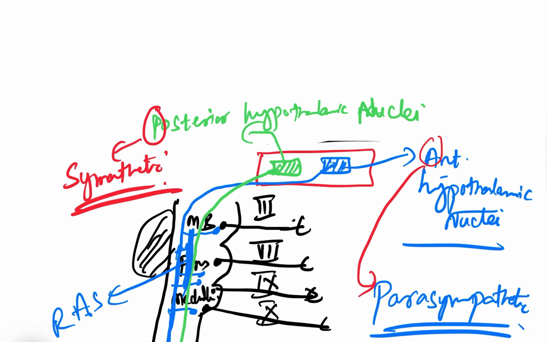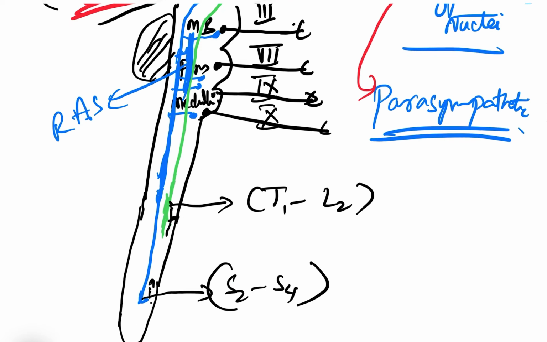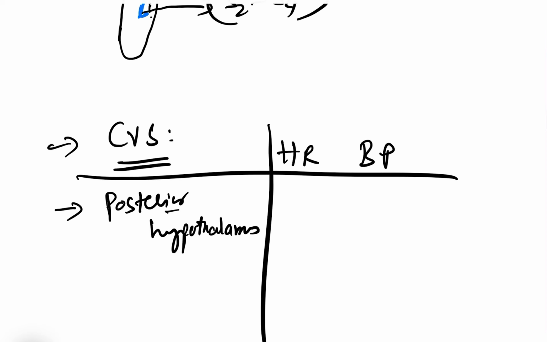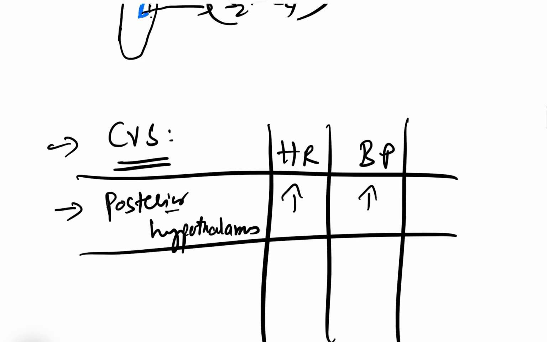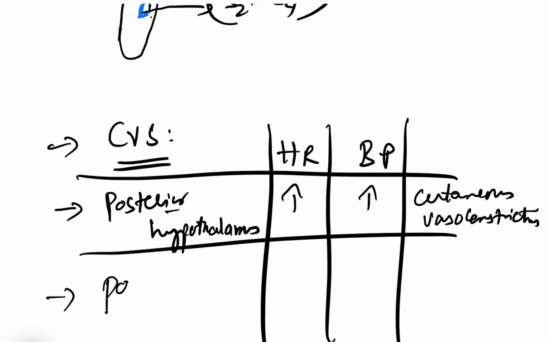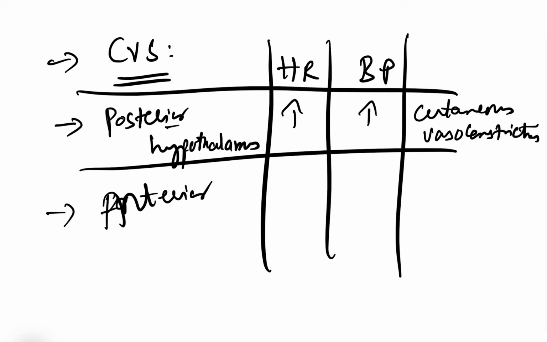Posterior hypothalamus means sympathetic activity. So when the posterior hypothalamus is stimulated, the heart rate will increase, BP will also increase, and it will lead to cutaneous vasoconstriction, sympathetic activity.